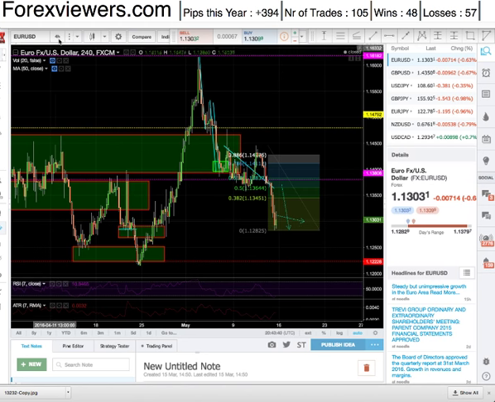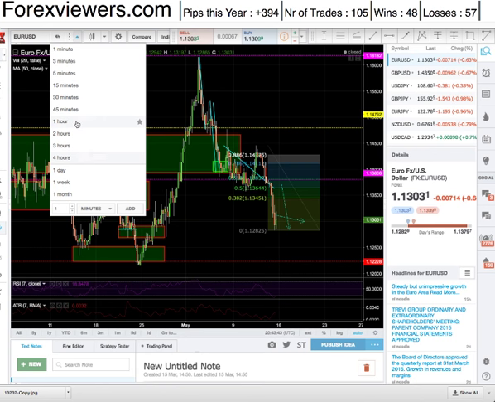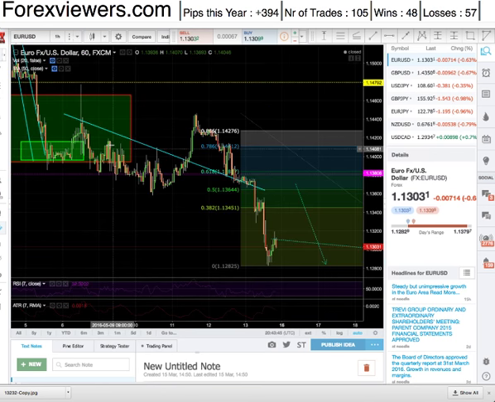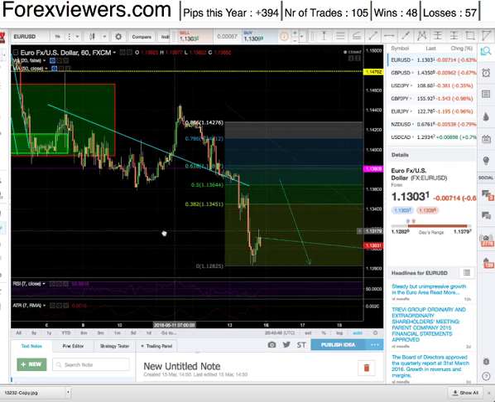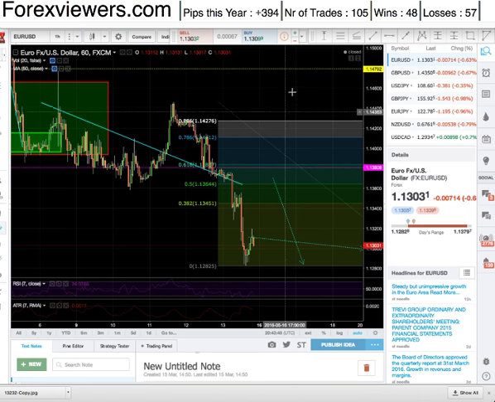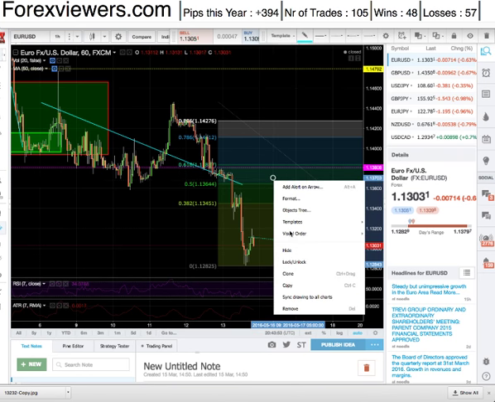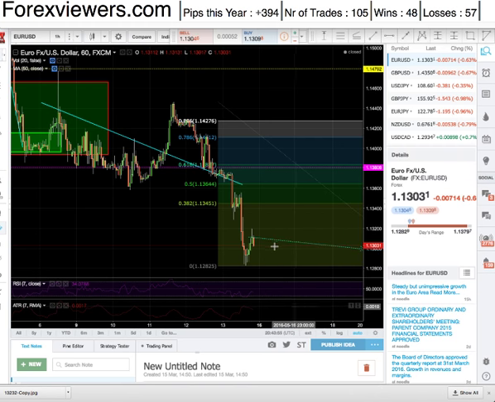So we can check out the 1 hour. As you can see right here, we had a few green candles. So what I'm looking for is basically a push to the 38 or the 618. We can obviously draw a box right here.